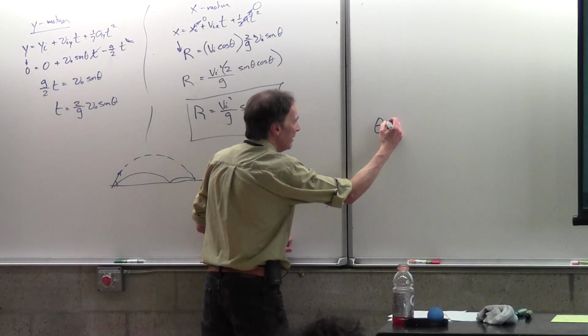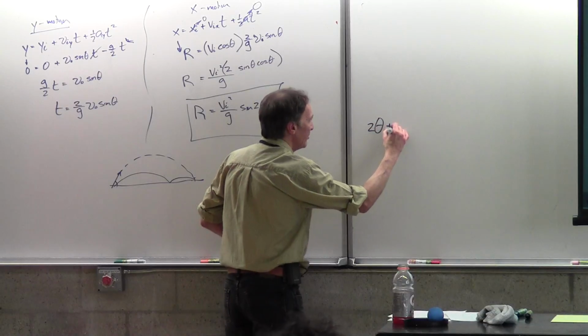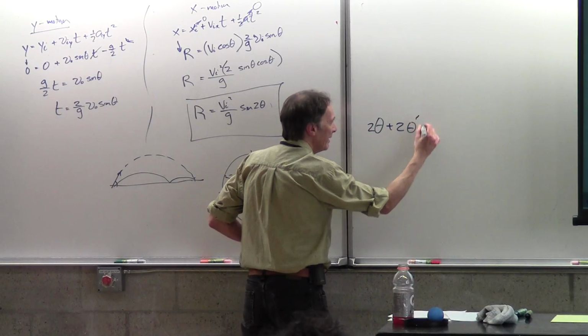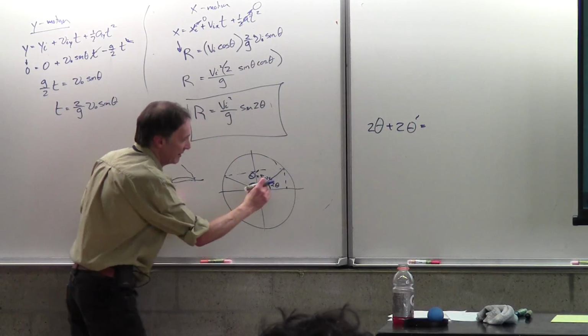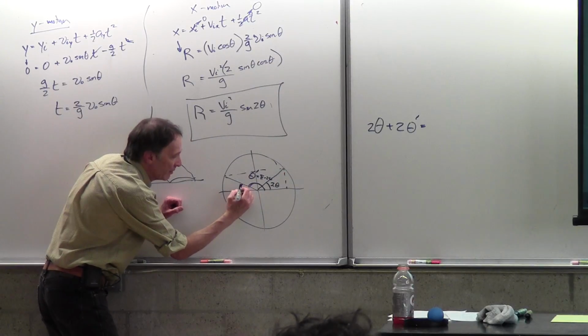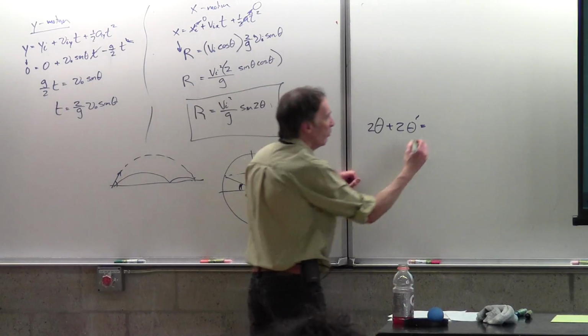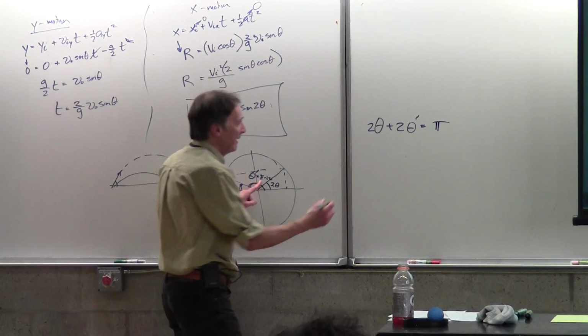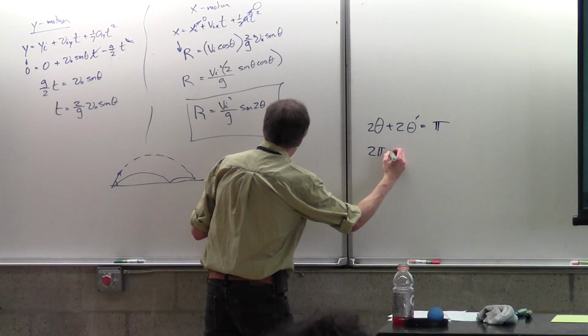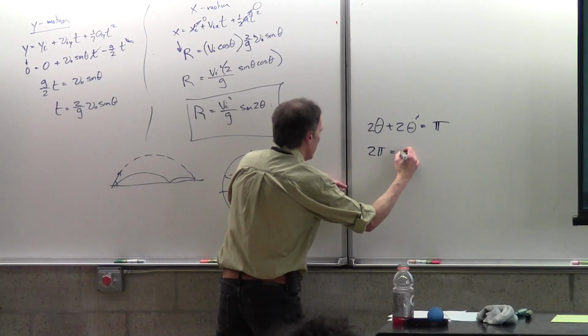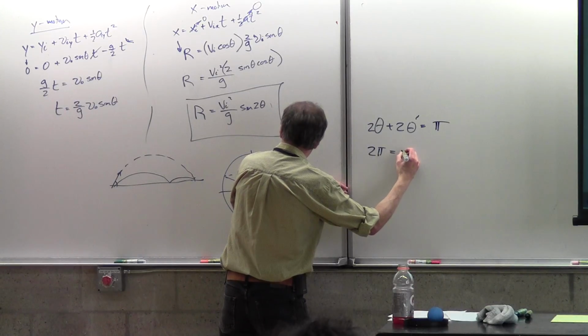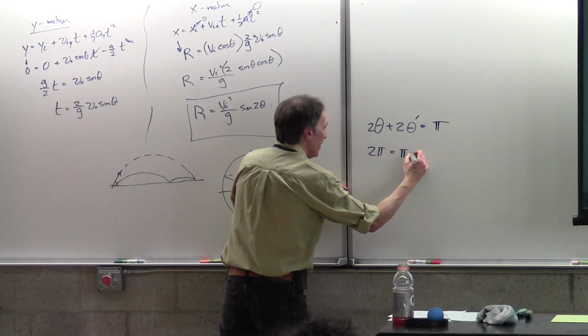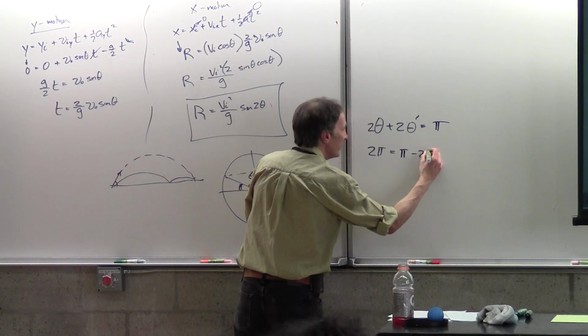So 2 theta plus 2 theta prime, in other words, this angle is the same as this angle over here. They have to equal pi. And so if theta prime is equal to pi, I'm getting myself all tied up here, 2 theta.